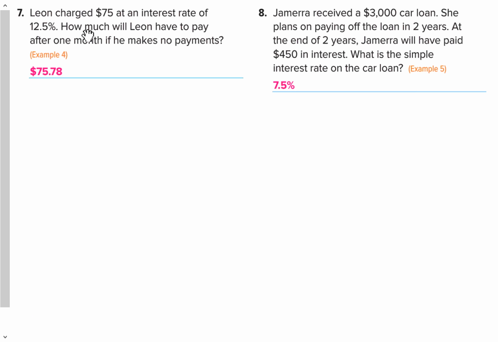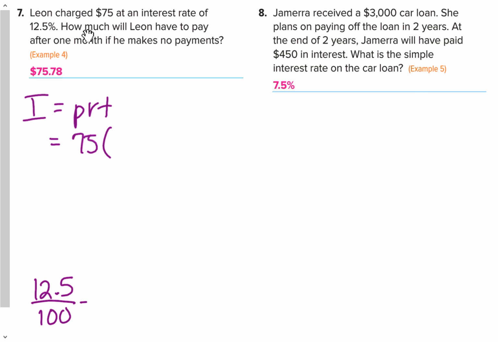Here's example number 7. Leon charged $75 at an interest rate of 12.5%. How much will Leon pay after 1 month if he makes no payments? So they want to know overall how much he's going to have to pay. So first we have to find our interest, and then we're going to have to add it. So we have $75, and again 12.5%, 12.5 over 100, so 0.125.